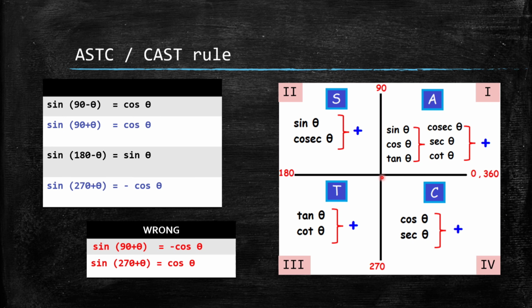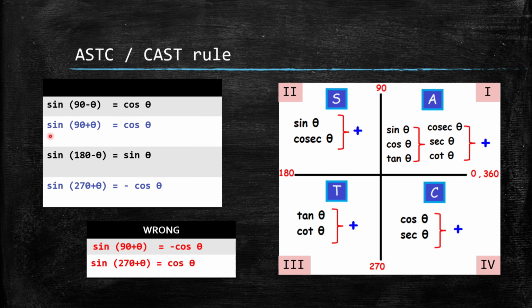See, sin 90 minus theta will come somewhere in the first quadrant. And we know that all the trigonometric ratios are positive in the first quadrant. Hence, positive cos theta. Since sine 90 minus theta is given, we have changed sine to cos theta.